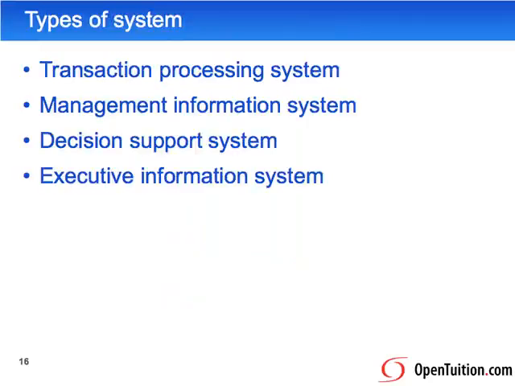There are some fairly well-defined types of IT system, and generally these describe the historical development of IT systems. The earliest type of system was known as a transaction processing system. Essentially this was developed in the 1960s, and it does what it says. It processes transactions, sales, wages, salaries.